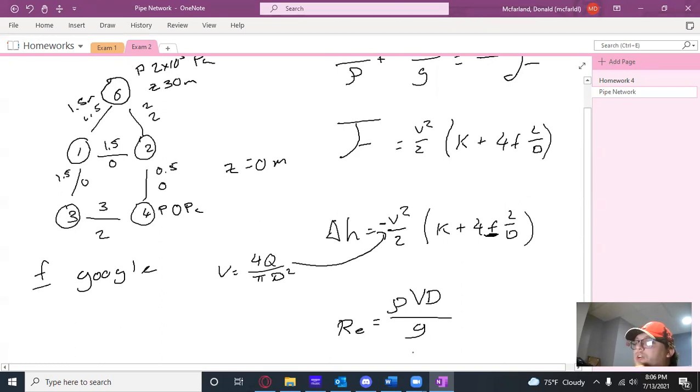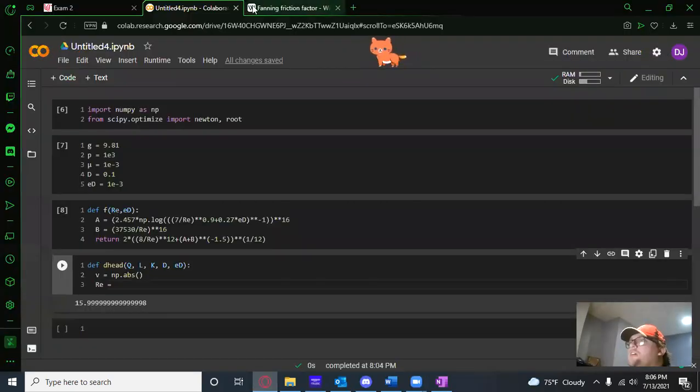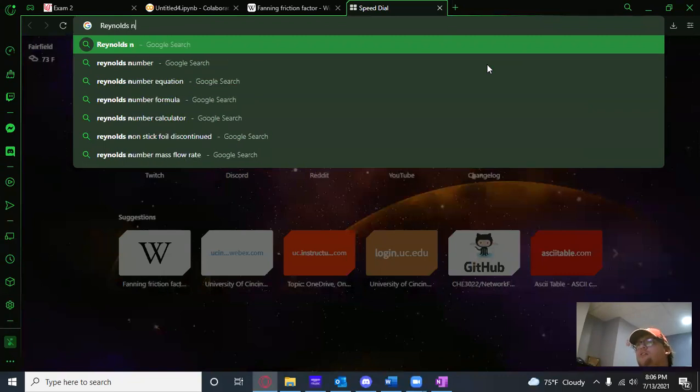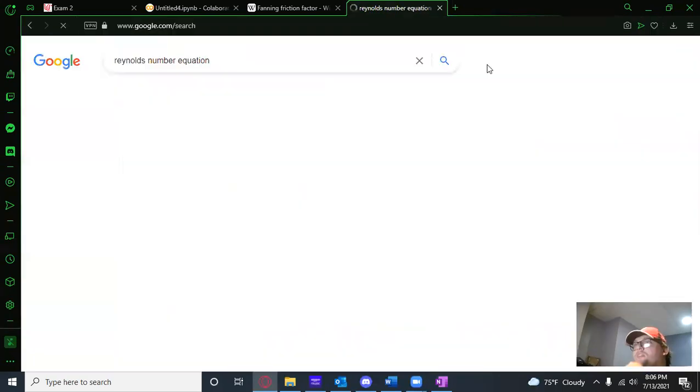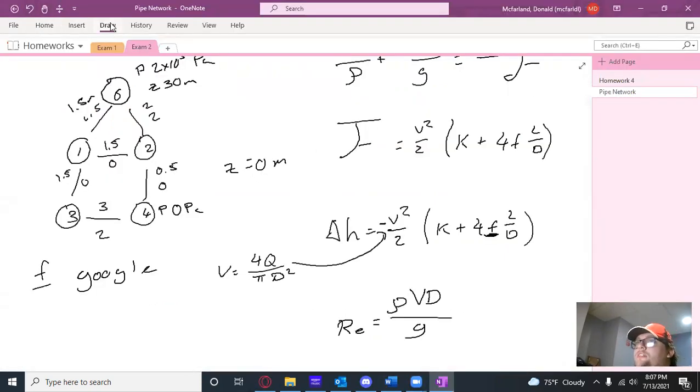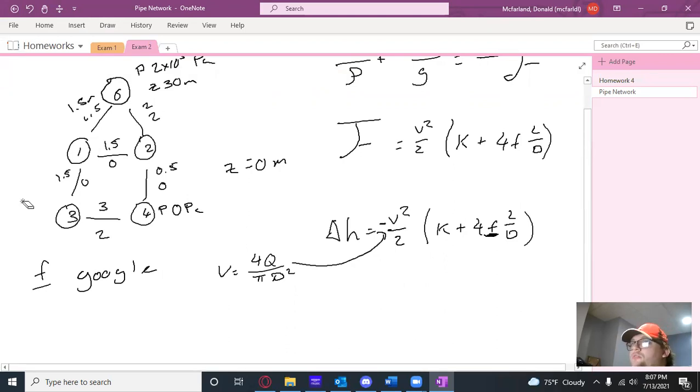I want to say it's gravity. Let me pull up our good friend Google again. Reynolds number equation. Okay, I was very wrong. So Reynolds number is not this. Let me just delete this. Nothing like having a brain fart.